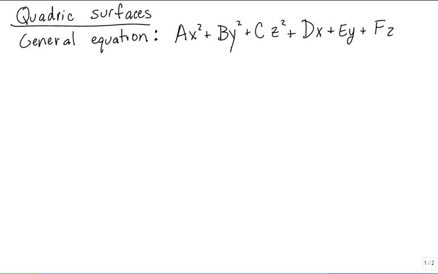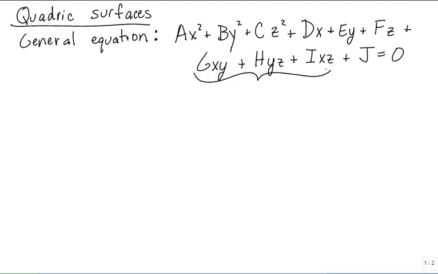This is how we're usually going to see them, but you can also have an xy term, a yz term, an xz term, and a constant. And usually we won't see those. The axes will be rotated if we have constants for those.